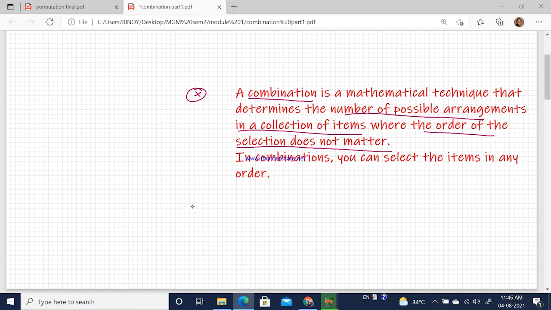So the general formula of combination is nCr. Where in permutation we represent with P, in combination we represent it with the letter C. So nCr is n factorial by r factorial into (n minus r) factorial.